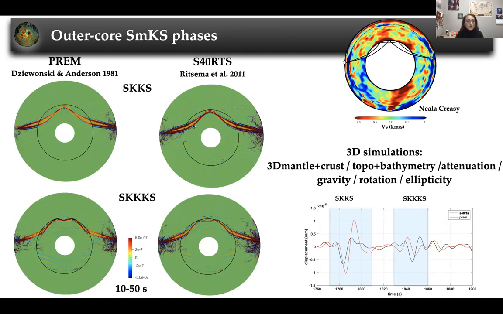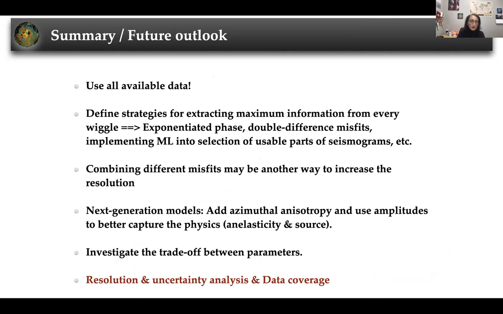But what we observe is that the outer core models are the same in both simulations, it's PREM, but just by changing the mantle model, you also change the sensitivity in the outer core. So that's a good reminder on the effect of the 3D mantle and crustal models, which can potentially be mapped into the outer core in the measurements.